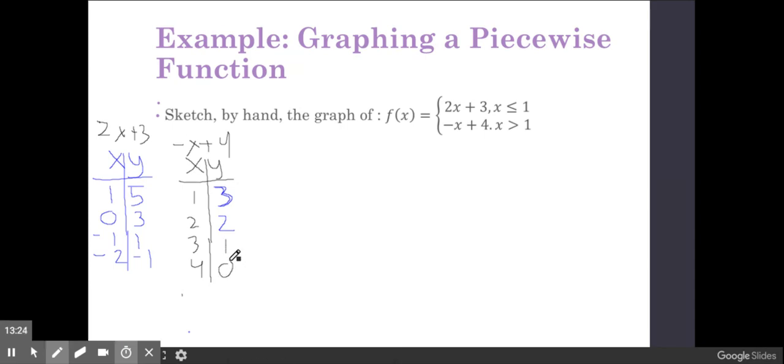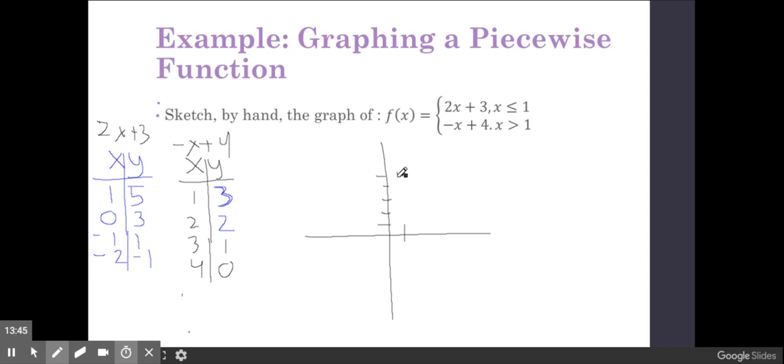So now we want to actually plot these points. When we plot these, for the top equation, x can be equal to 1. So we're going to plot all of these with a closed circle. So I go through 1, 1, 2, 3, 4, 5 on my y. There's (1, 5).